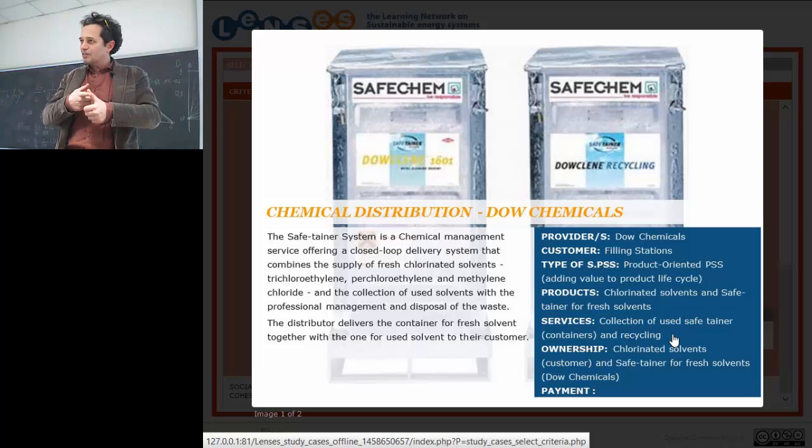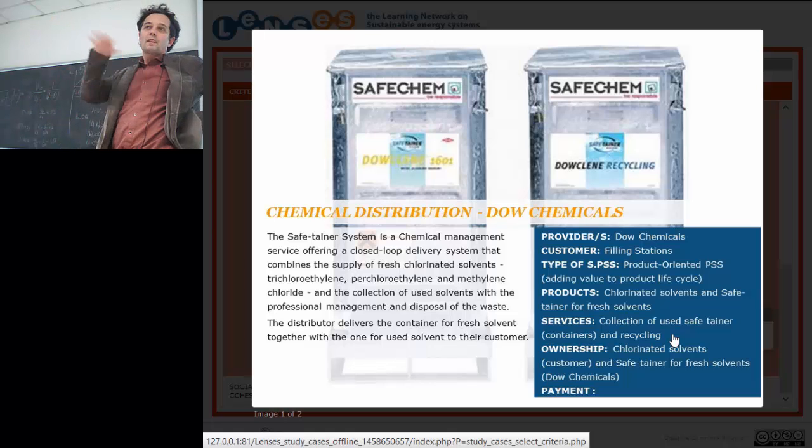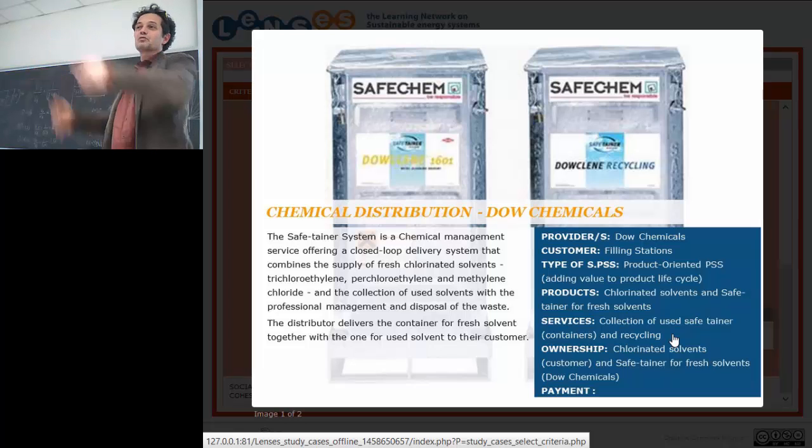It's toxic, it's a cost, they have to treat it, and so it could be a good business if Dow says, well, you don't care about this, I'm taking care, I will collect back the container that I gave you with the toxic substances that you use for your processes within your factory.